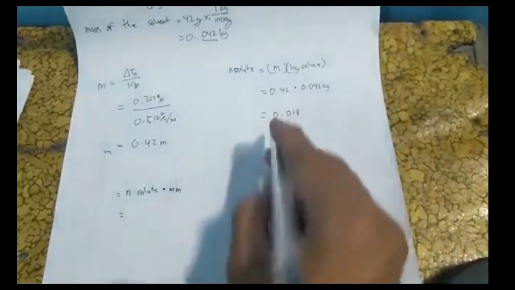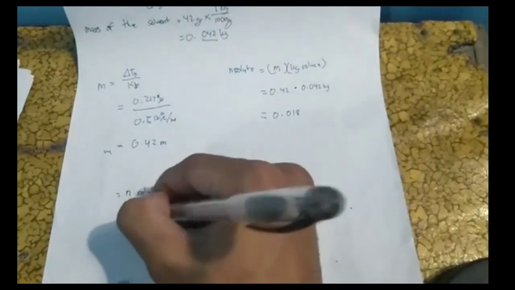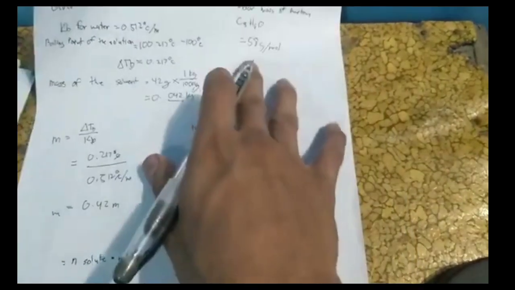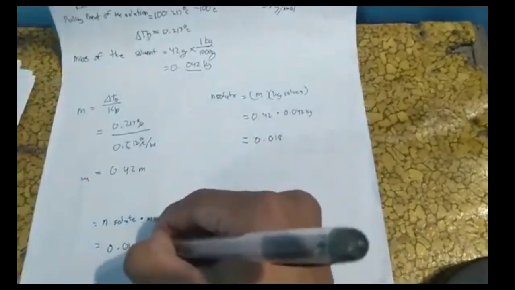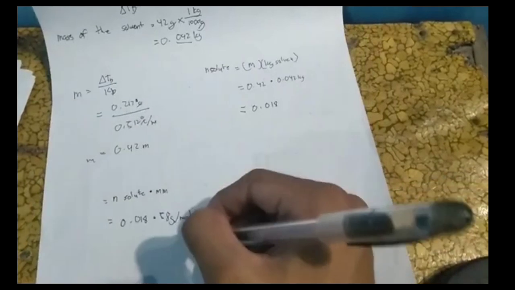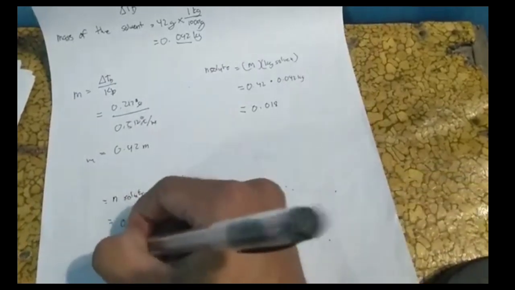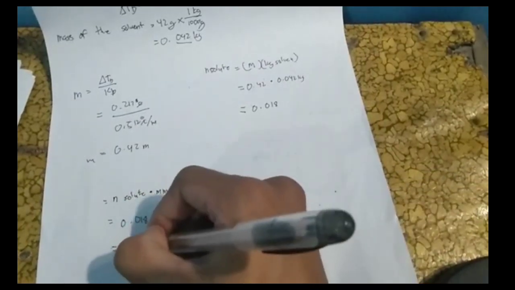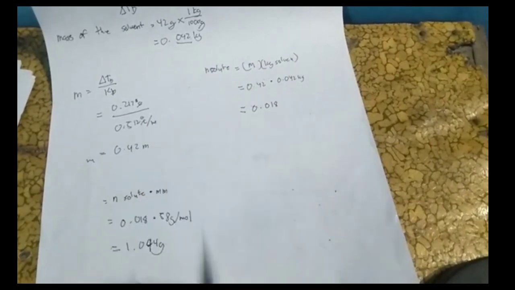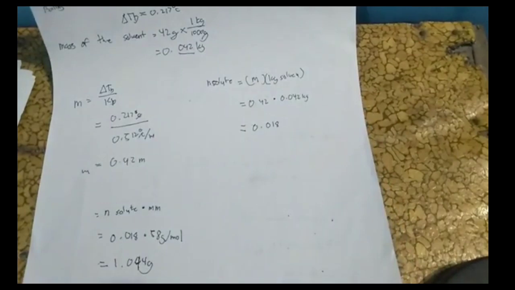So for the n solute, we have here 0.018 multiplied by the molar mass, which is 58 grams per mole. And the final answer is 1.044 grams. I hope you guys learned something. Thank you.